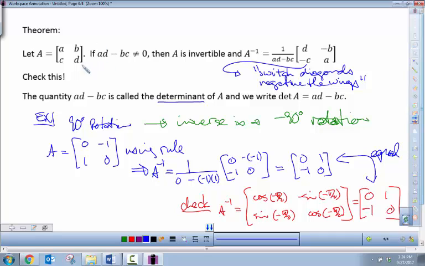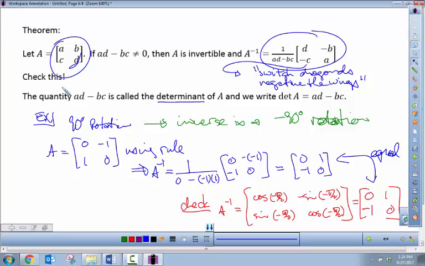So the real way to check this is to actually multiply these two, because A multiplied with A inverse, in this case, should equal the identity element. Okay, we're not going to do that. You guys can do that. That's actually a good test question.